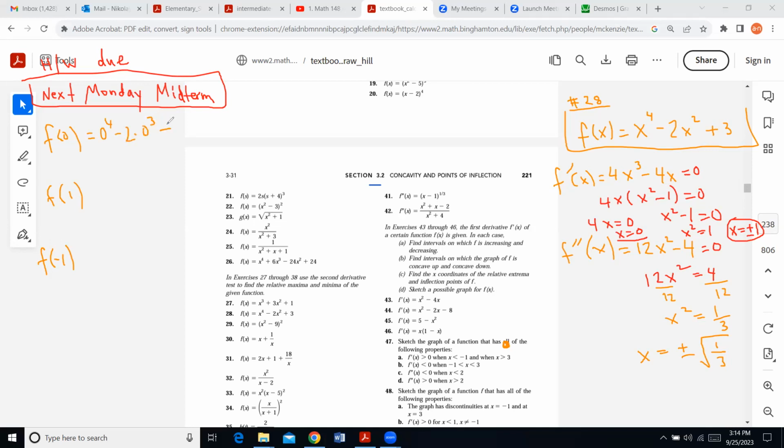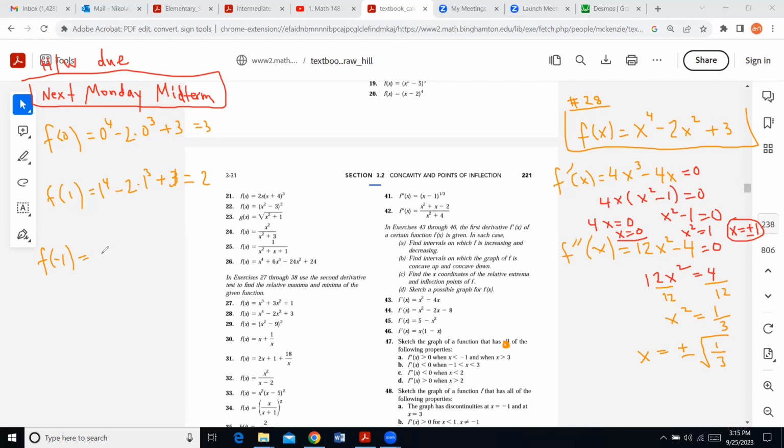So here's +3, and this is going to be just a 3, right? Plugging in 0 is always my favorite. Now put 1 instead of x. So we have 1 minus 2 is -1, and plus 3, so 1 minus 2 minus 1 plus 3 is 2.